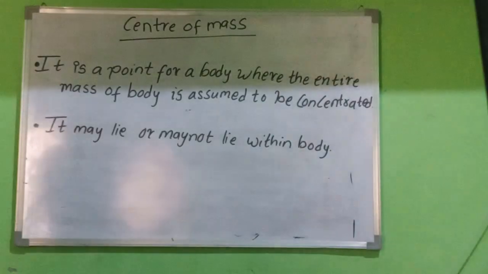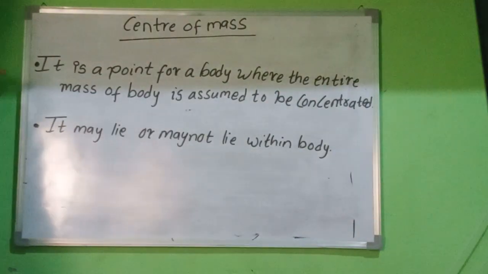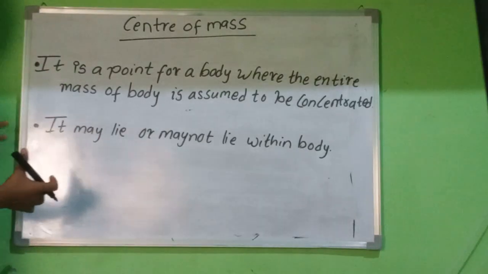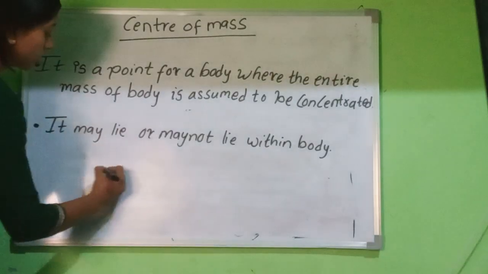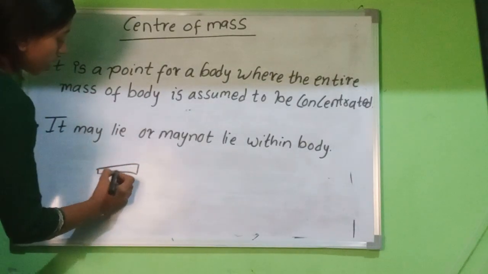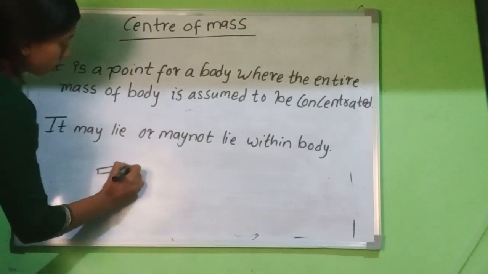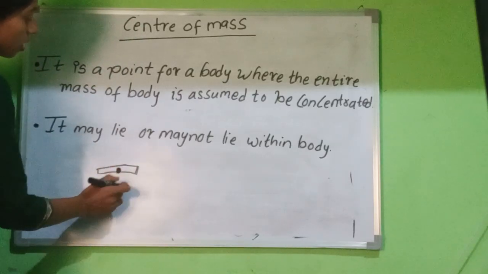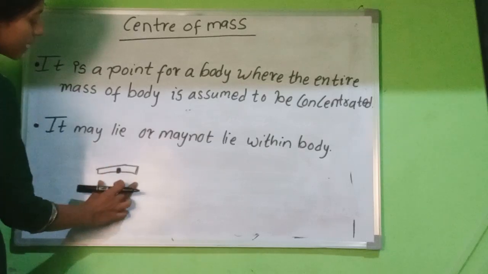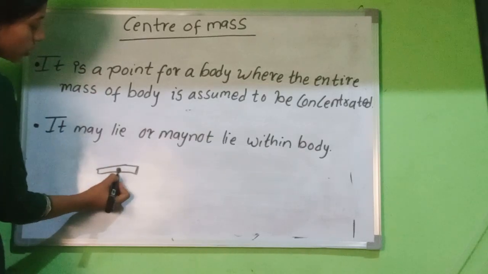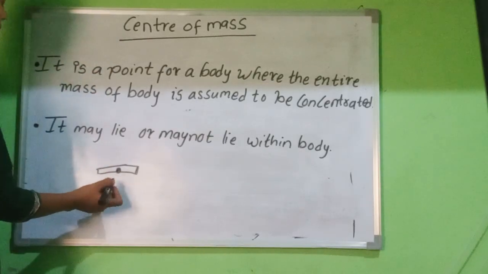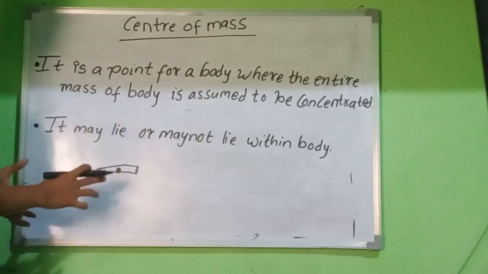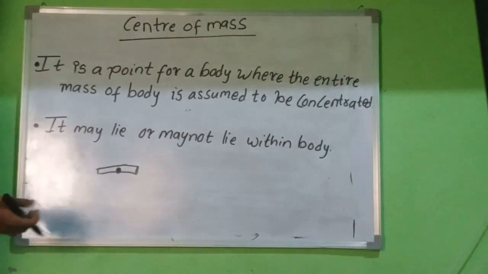Here, actually, what is the center of mass? It is a point for a body or system where the entire mass is assumed to be concentrated. If this is a uniform rod, at the middle we assume that all the mass of the body is concentrated here.